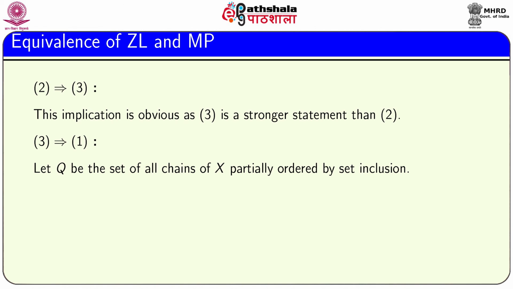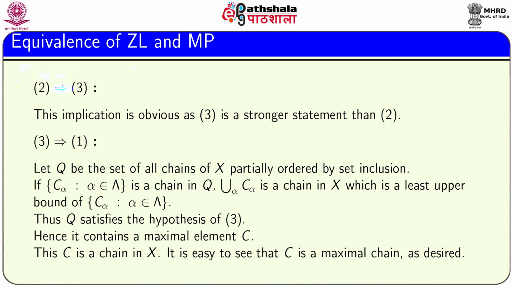Now, we prove the final one, that is 3 implies 1. Let Q be the set of all chains of capital X partially ordered by set inclusion. If the collection C_alpha, alpha belonging to lambda, is a chain in Q, then the union of C_alpha over alpha belonging to lambda is a chain in capital X, which is a least upper bound of the collection C_alpha.